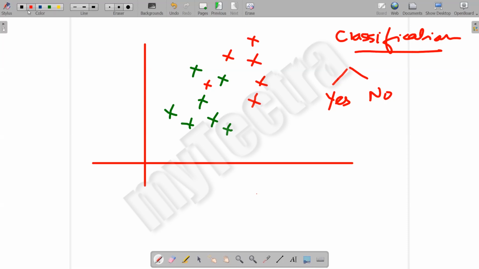So now, what do you understand by this graph? What I want to show here is, suppose your yes is green and no is red.